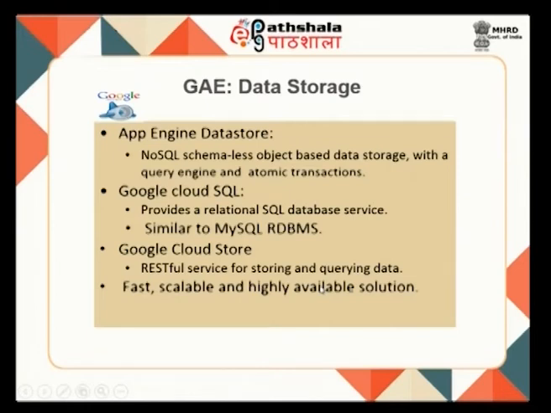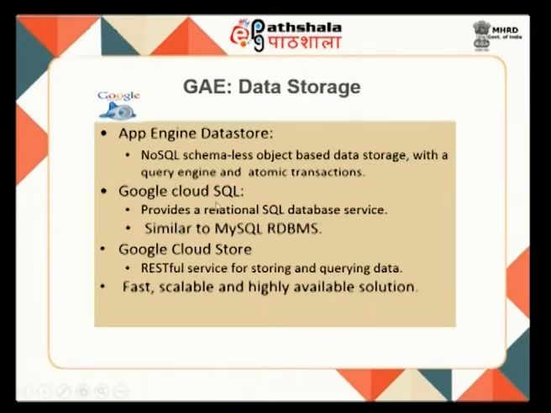The data storage used by Google App Engine is the App Engine Datastore. This App Engine Datastore is a NoSQL schemaless object based data storage. It also has a query engine and atomic transactions.